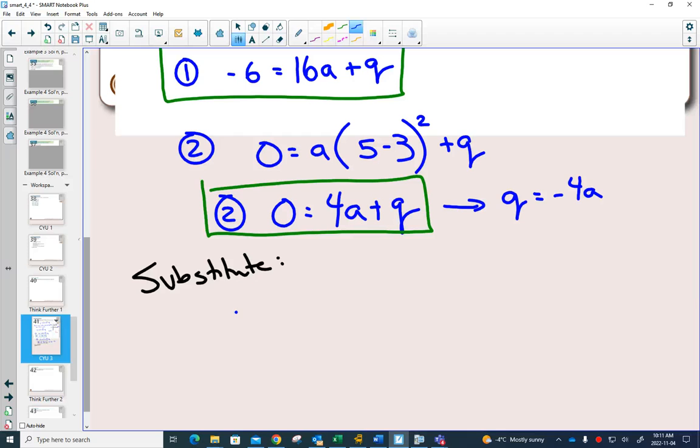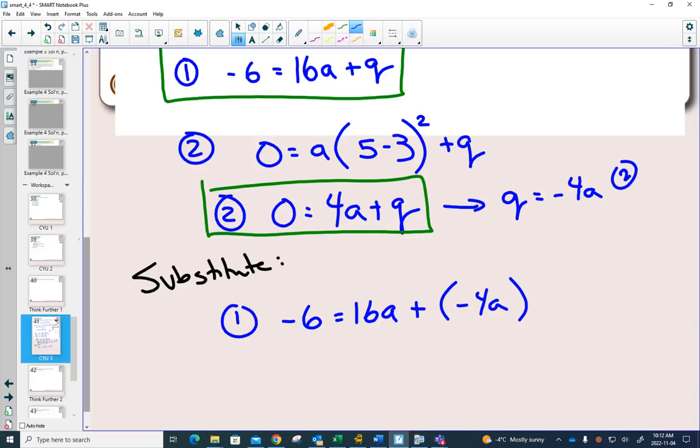into equation number 1. So equation number 1 was -6 equals 16a plus, but instead of q, I'm going to write -4a. Very important that if you get q by itself in equation 2, you don't plug it back into equation 2.